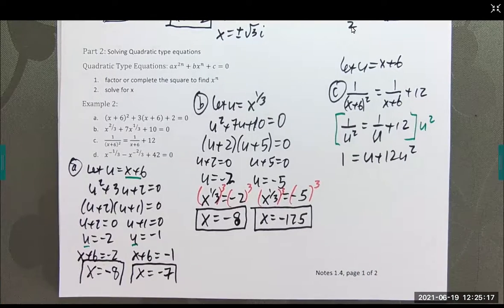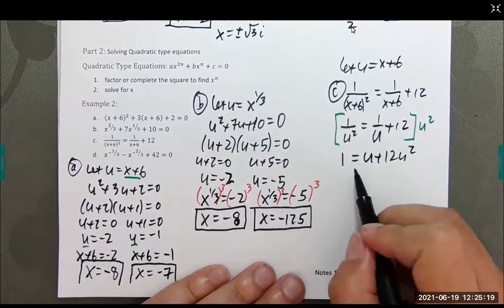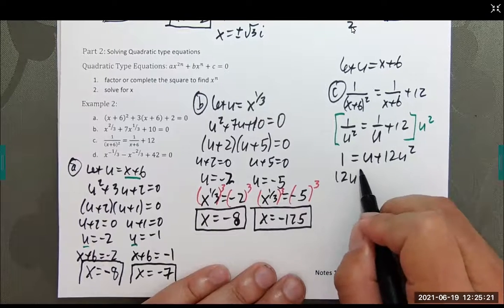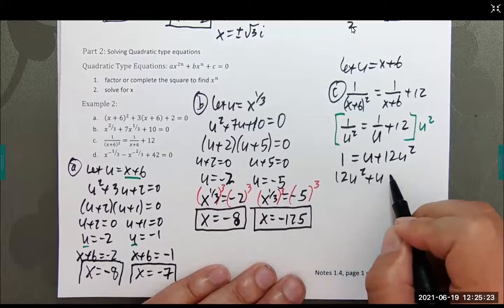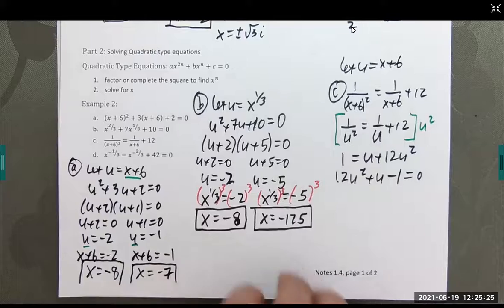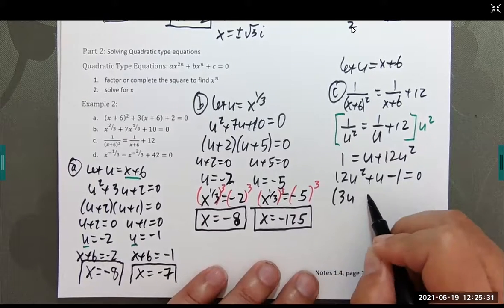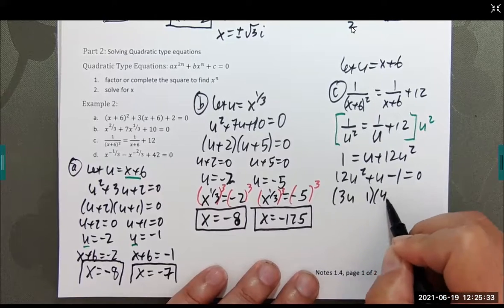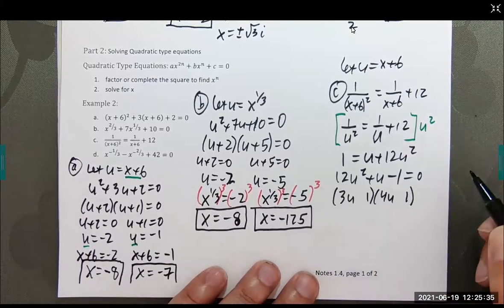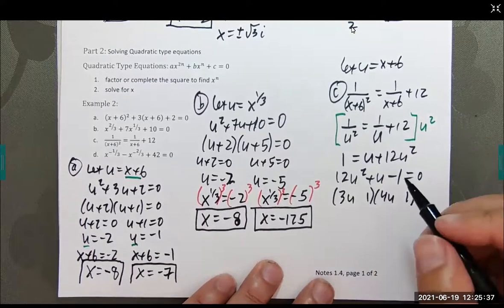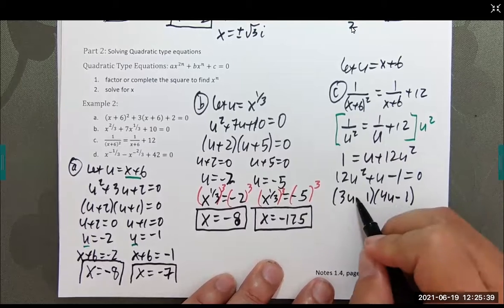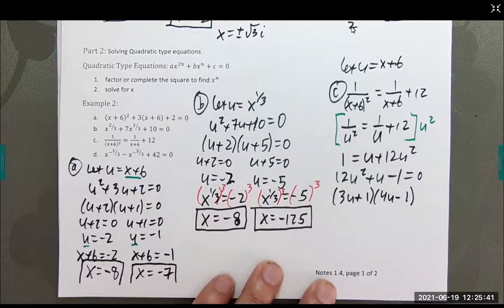Now I have a quadratic. I'm going to subtract the 1 to the other side, so I get 12u squared plus u minus 1 equals 0. This one is going to factor, equals 0.